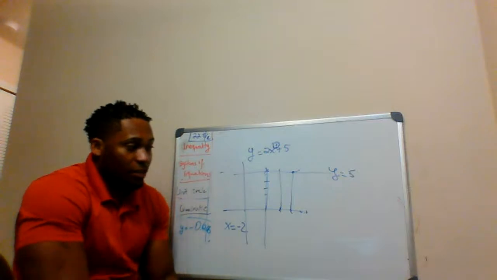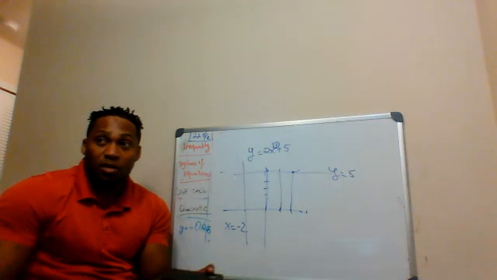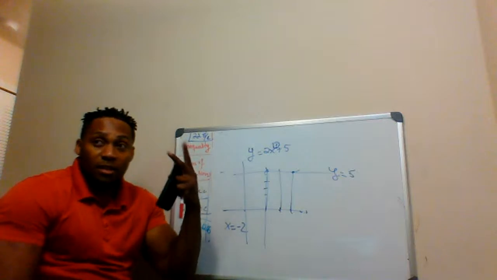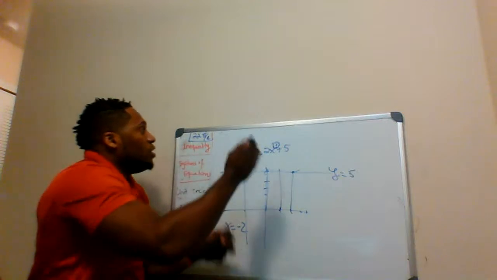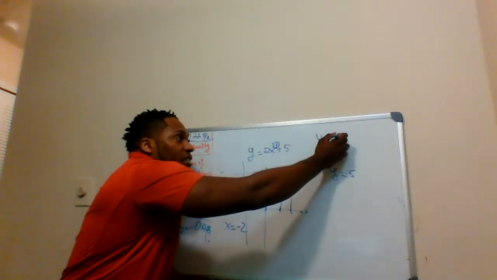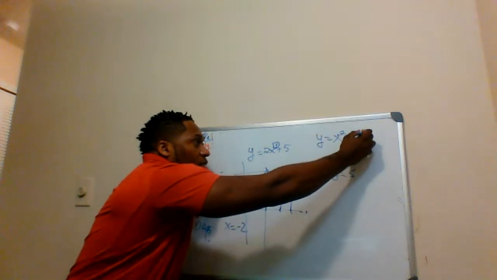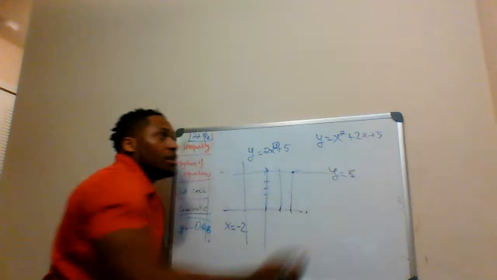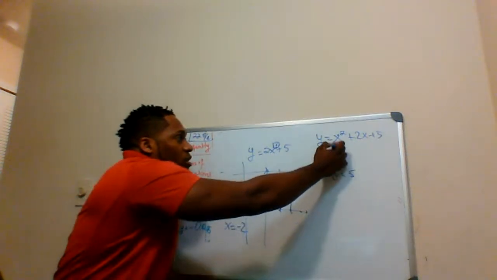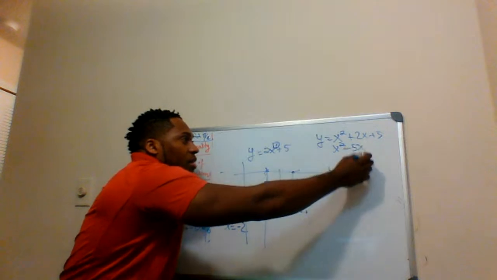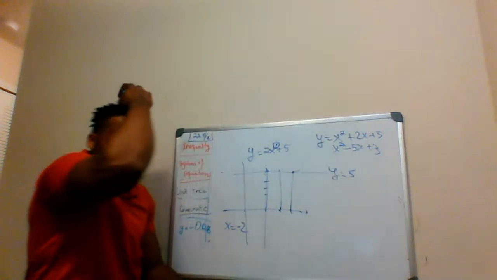But you can also find quadratic equations. In a quadratic equation, the degree is 2. So when f of x is equal to x squared, plus 2x plus 5, it's quadratic. x squared minus 5x plus 3, quadratic equation.